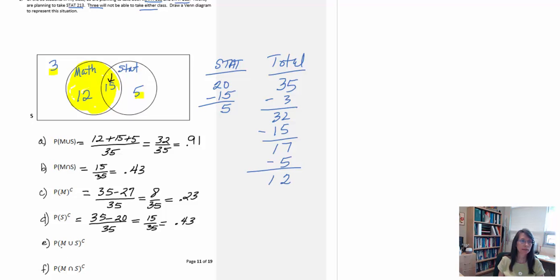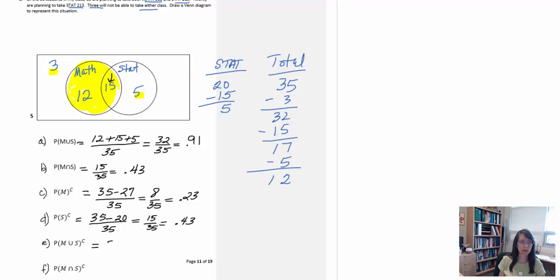For part E, look inside of the parentheses first, and then we'll want the complement. We've got math in union with statistics. Well, from part A, we know that math in union with statistics was 32 students. We want the complement of that. So not the 32, we want the leftovers.